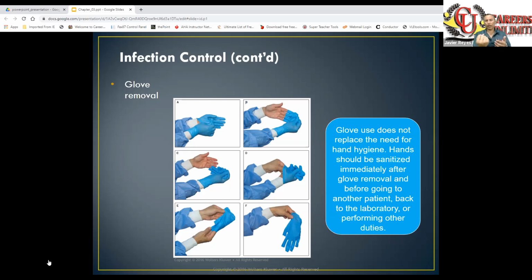Now you have a gloved hand with a dirty glove. With your ungloved hand, you're going to come under the glove and peel that glove over the dirty glove that you just took off. Okay? So we say glove to glove and then skin to skin. That is one of the ways that you want to prevent your clean hand coming into contact with a dirty glove. Okay? So make sure you know how to do that.